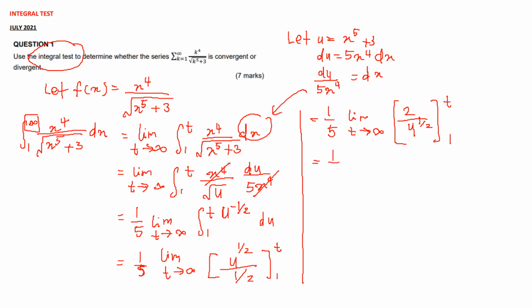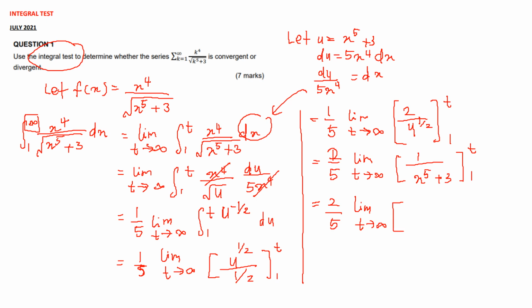Then you have to substitute the values for t and 1. So you take u as x power of 5 plus 3, and you get 2 over 5 limit t approaching infinity, 1 over t power of 5 plus 3 minus 1 over 1 power of 5 plus 3.